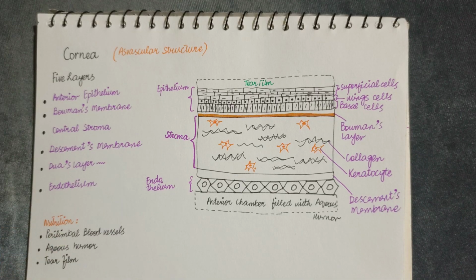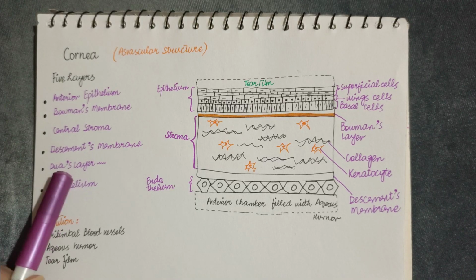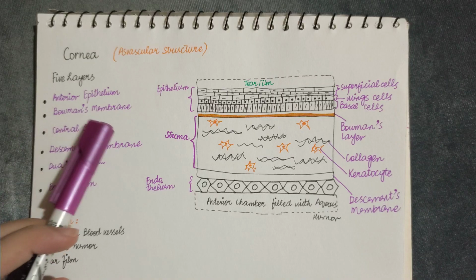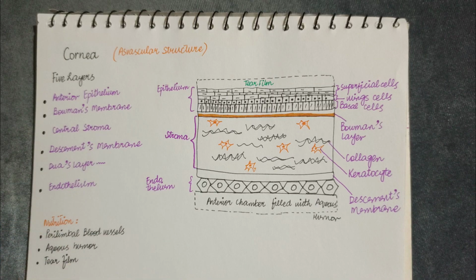But in 2013, a layer of cornea was found which was named Dua's layer. That layer is present between the stroma and Descemet's membrane, and it was also called the pre-Descemet's membrane layer, which plays a very important role in surgery. But in some books, only 5 layers are written. So now it's up to you how many layers you want to remember.